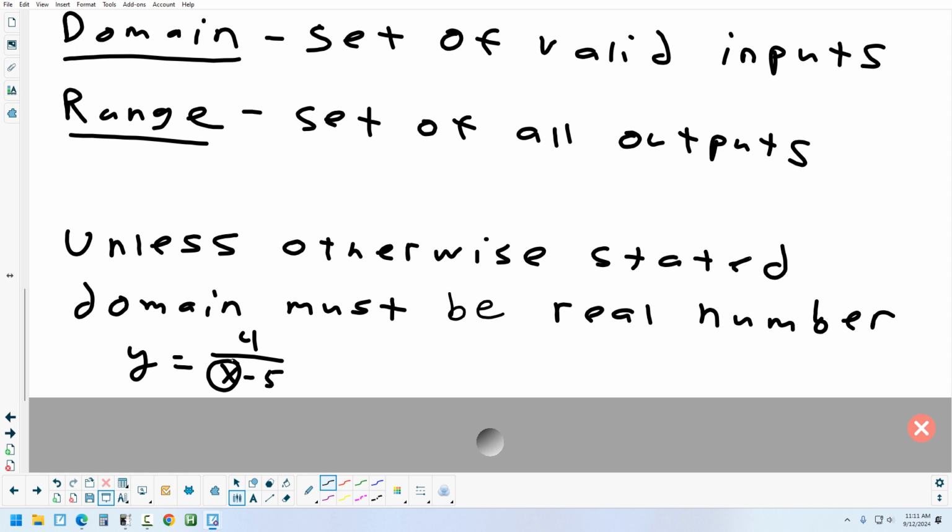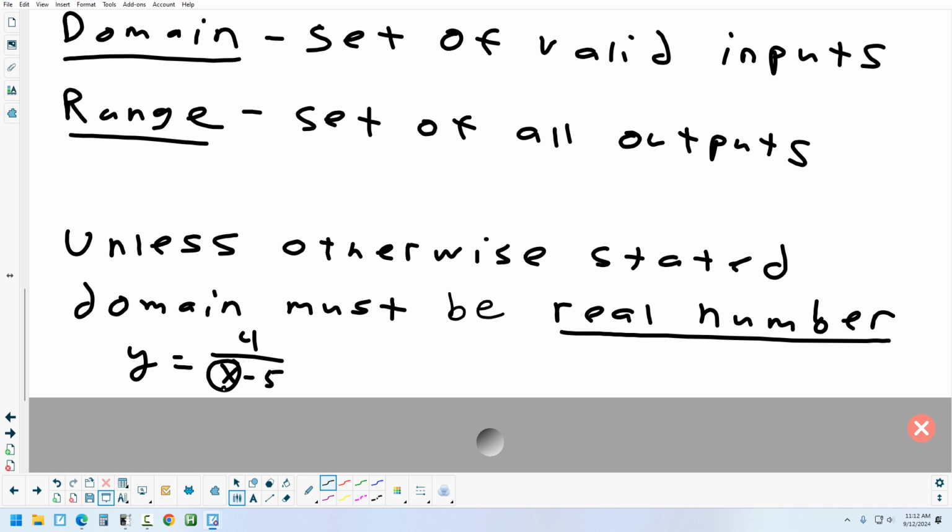So in this particular problem, the domain is any number you want, all real numbers, except you cannot plug in a 5. Okay, no 5. Any question why you can't use a 5 there? And it's not always a 5, you know, it depends on what's in the bottom. But in this case, it's a 5.